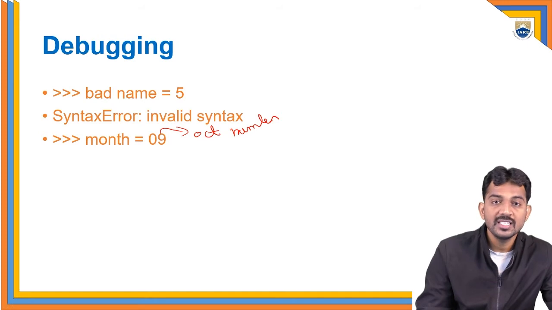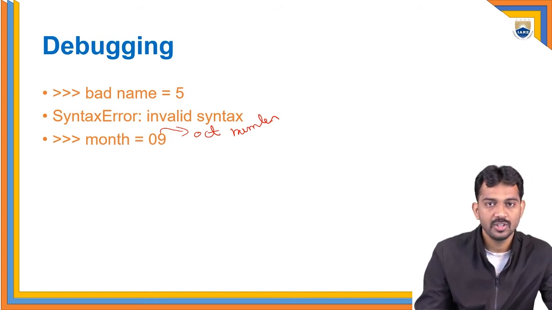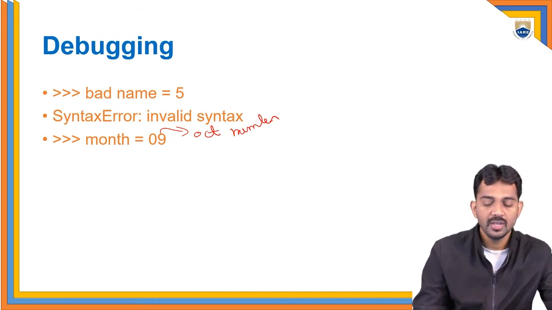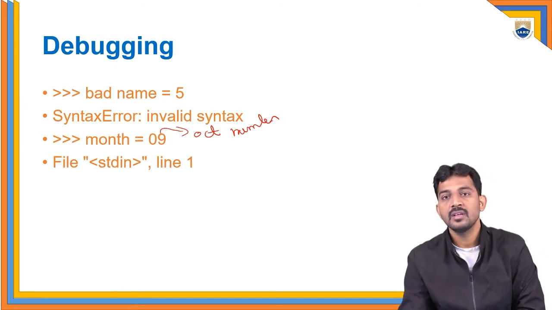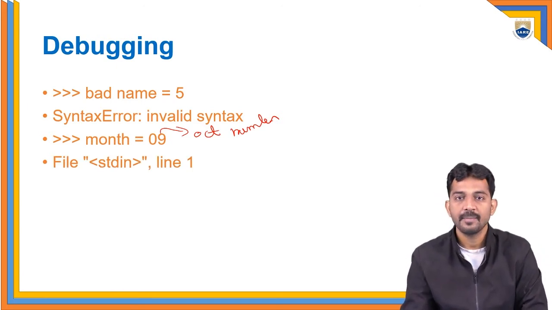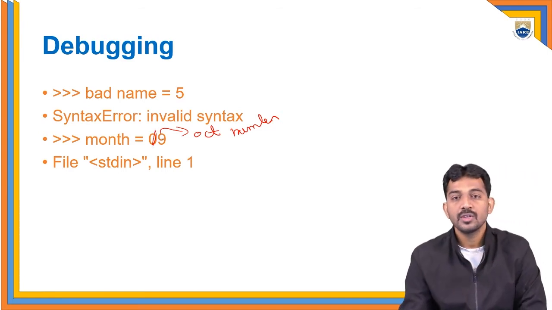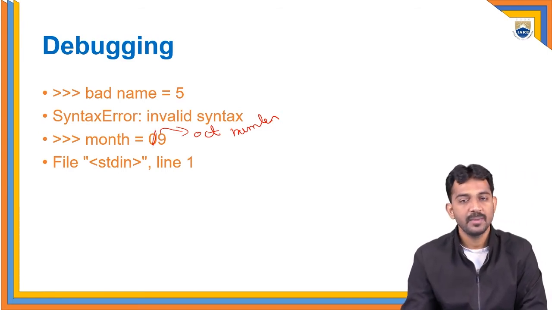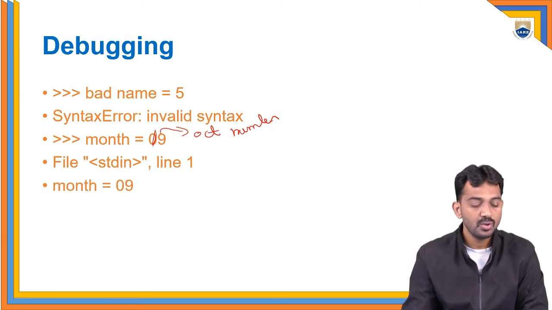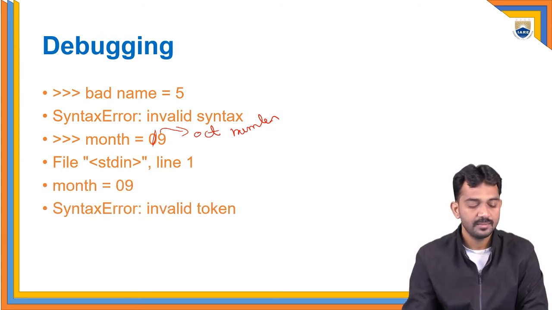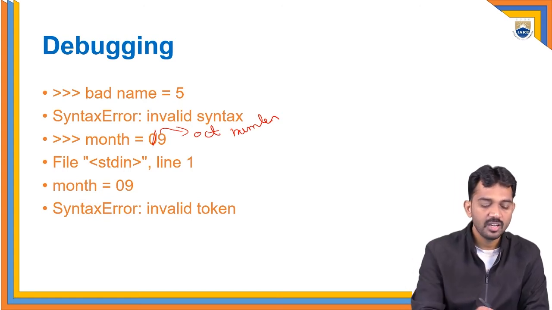If you start with 0, it is an octal number, but Python doesn't support that feature. If you mention a leading 0, it is an error. You thought that 09 means 9, but it's wrong. It shows an error. So, month equal to 09 gives an invalid token. These all are the syntax rules.